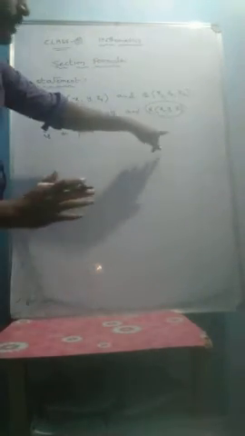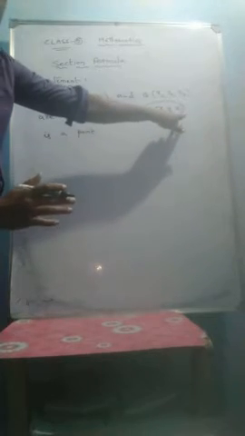I am taking this as a dummy point, which I call R, and I will find its x value, y value, and z value.